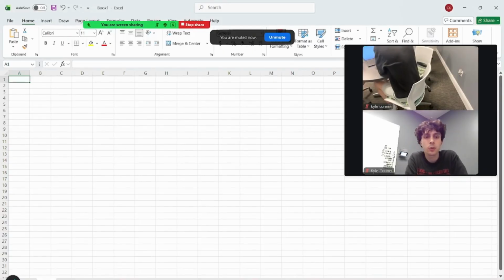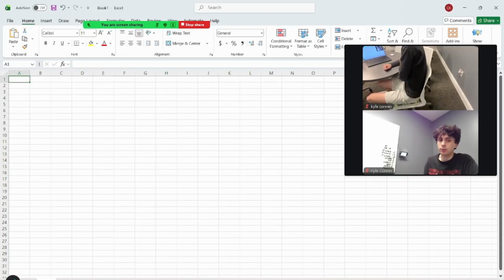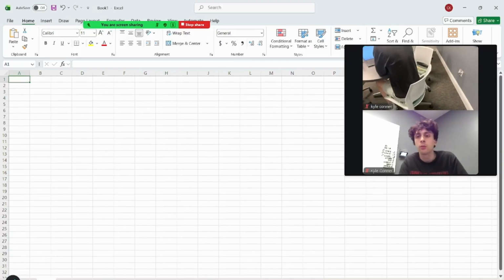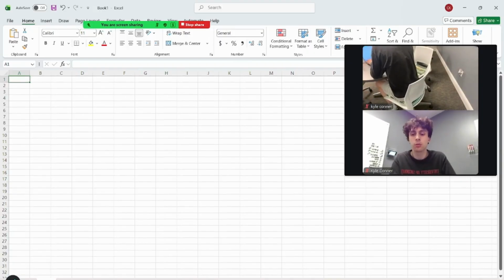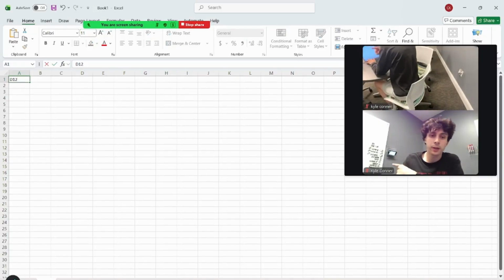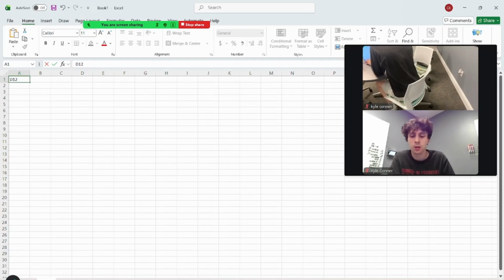Hello everyone, so now we're going to be doing the Excel solver portion of this. I have my area right here. So just to define some terms real quick, we're going to have our D112, which I have written back there for what our values are, which were given to us. D112, D13, and D23.